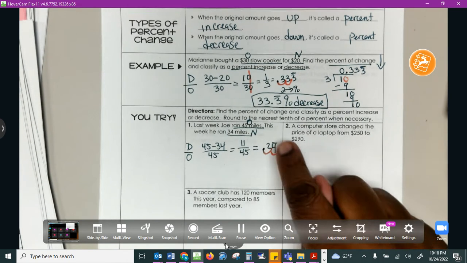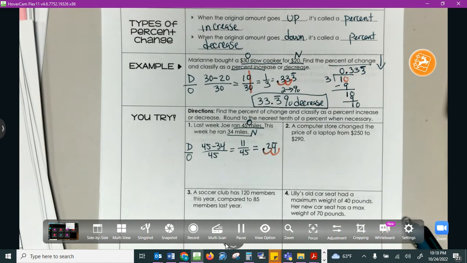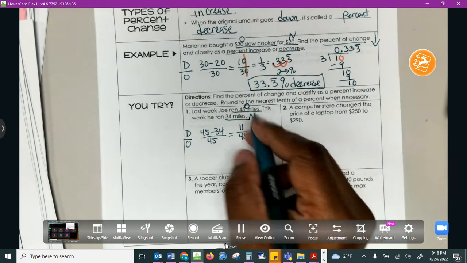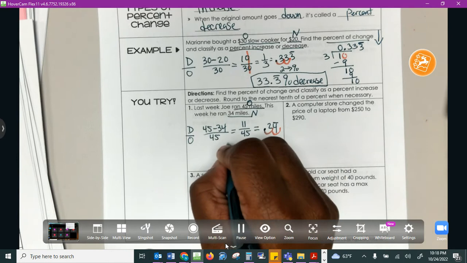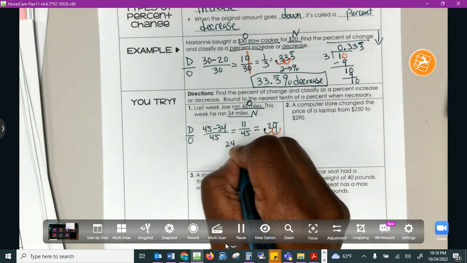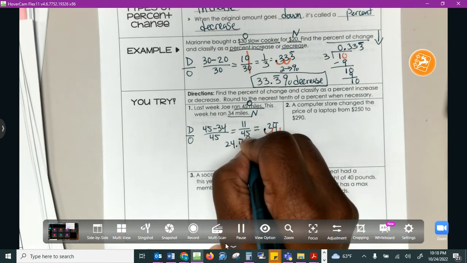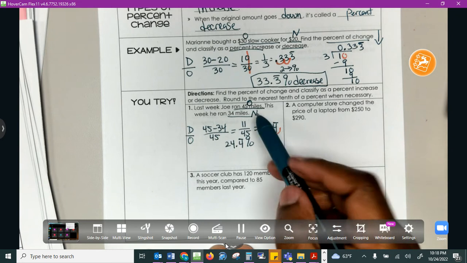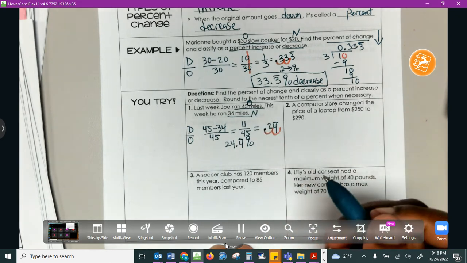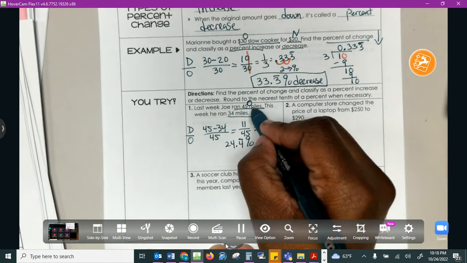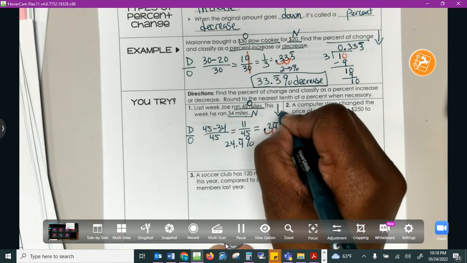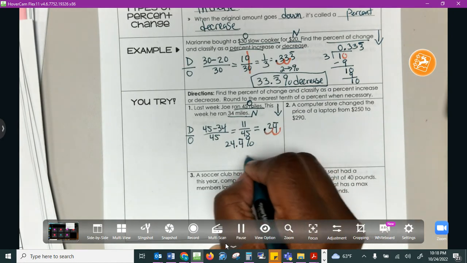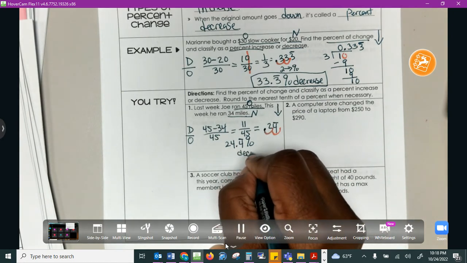But because this is a repeater, I have to still identify that this is a repeater. So what that would look like will become 24.4 repeating percent. And did it go down or up? Well, he went from 45 to 34. That means it went down. So this is a percent decrease.